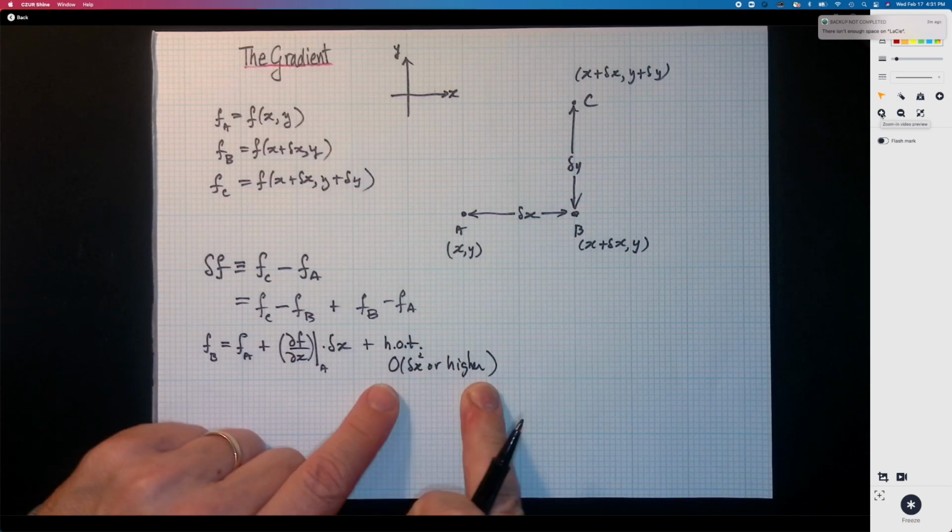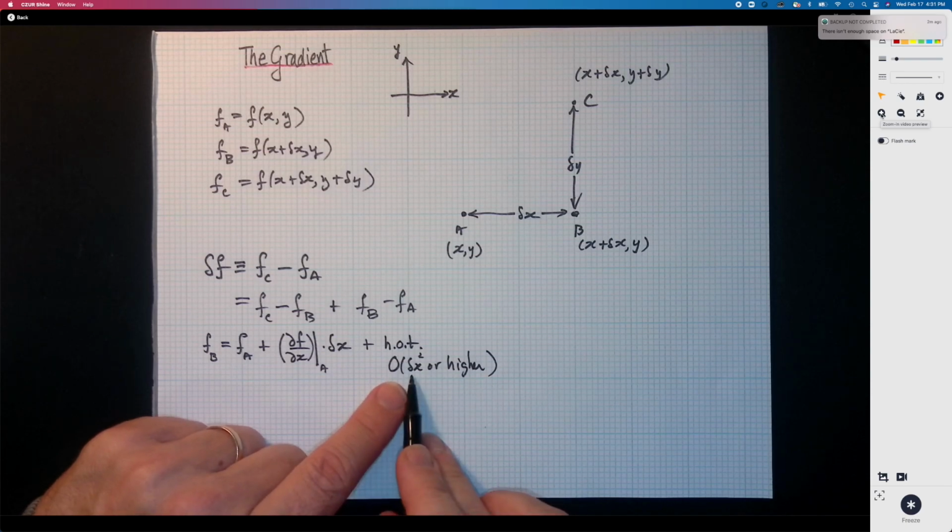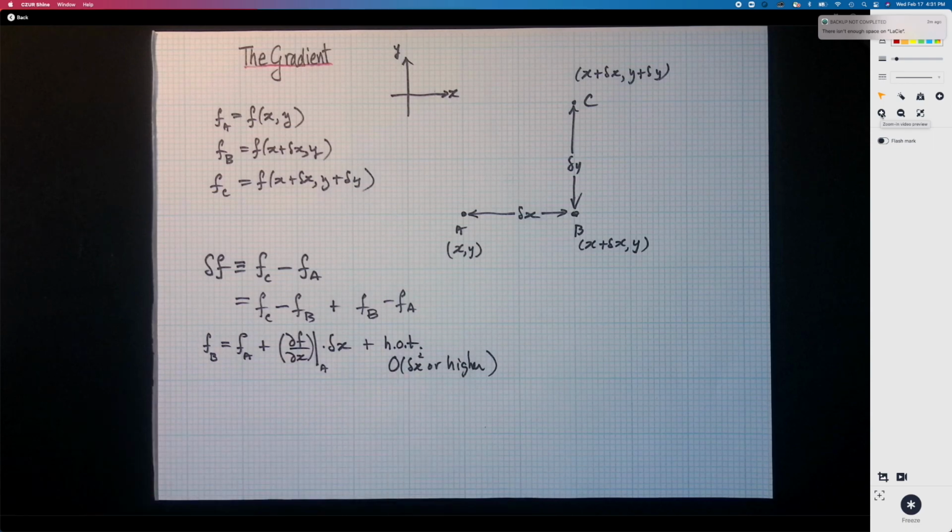These terms are going to be very small if I pick delta x to be small, and in the limit where delta x goes to 0, these higher order terms are going to vanish because they're of quadratic or higher powers of delta x, which is going to go to 0 much faster than this term.